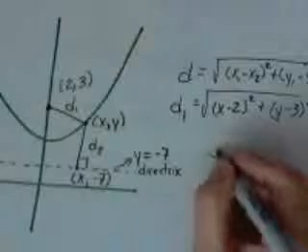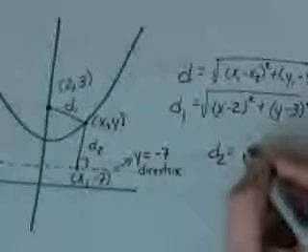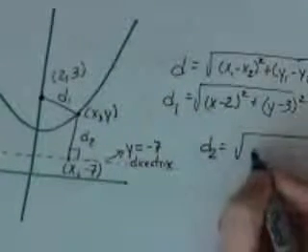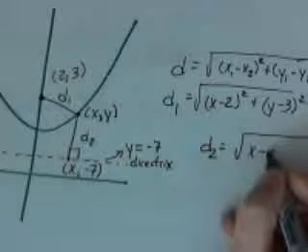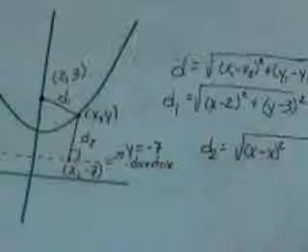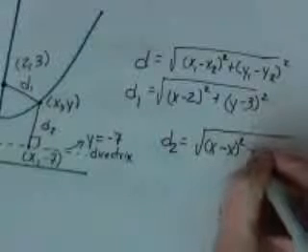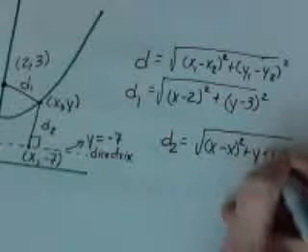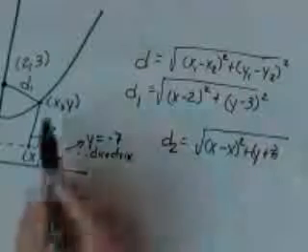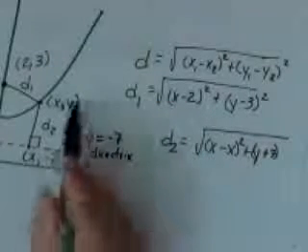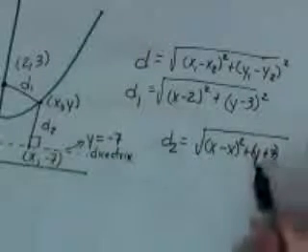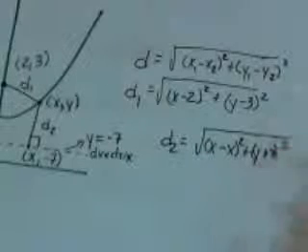So if I wanted to find D2, it's going to be the square root of x minus x squared, and you're right, that is going to simplify to 0, plus y plus 7. Because it's going to be y minus y1. Well, y minus a negative 7 is y plus 7 squared.